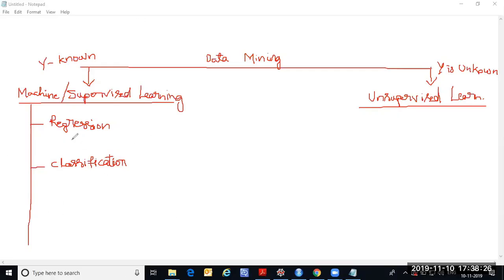As part of regression, we'll be discussing linear regression and logistic regression.